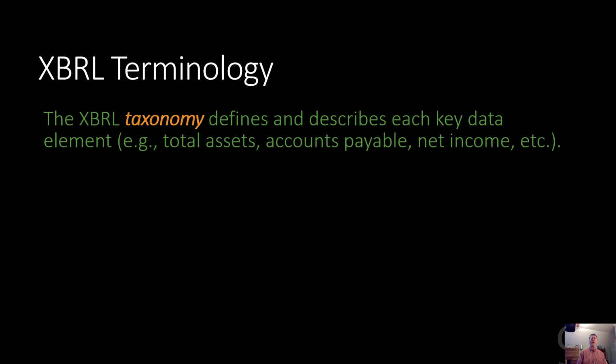Okay, so a couple key terms. The taxonomy. As you went through the W3 Schools training, you learned about schemas, and that's all a taxonomy is. A taxonomy is basically, in XBRL, a set of related schemas that work together to provide the framework for XBRL reporting. So what does that mean?